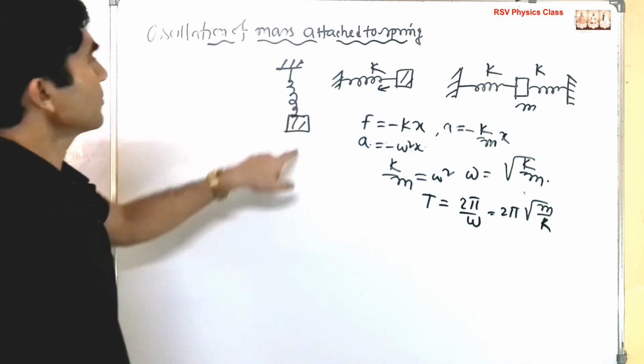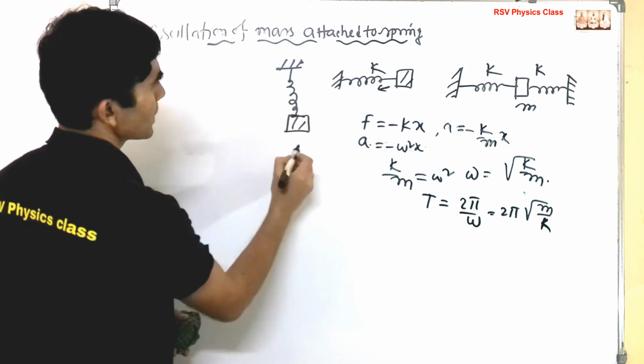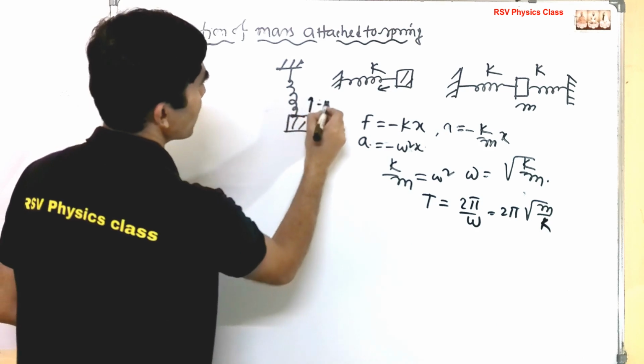Okay, similarly for vertical. So there will be minus kx.